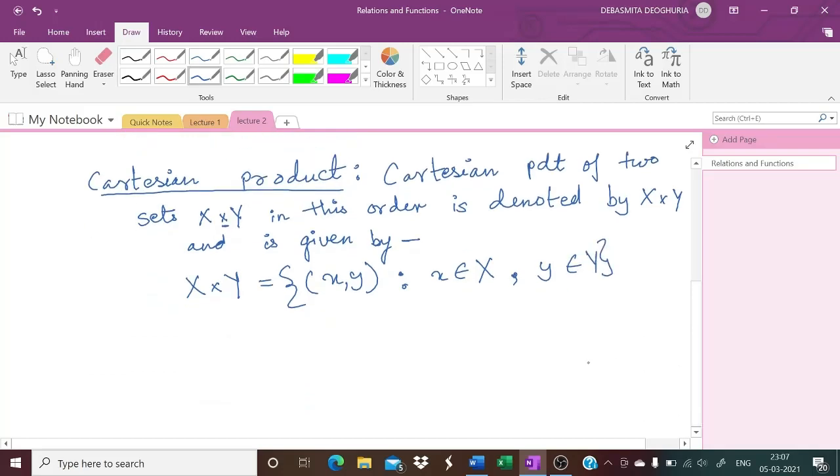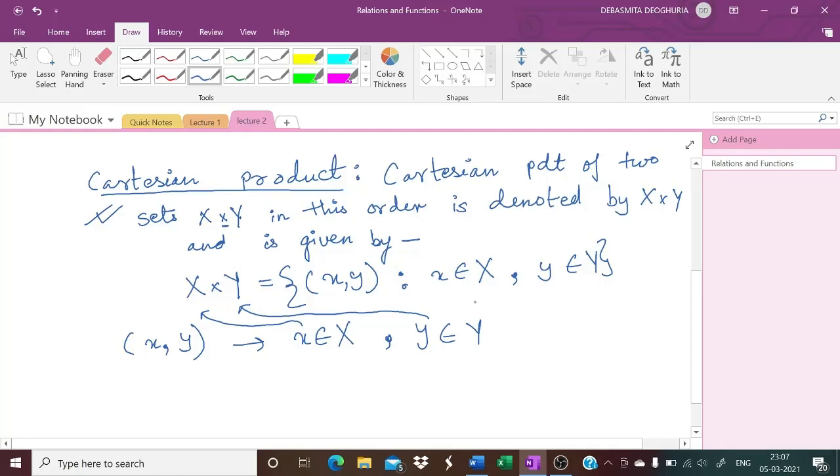This actually means that this Cartesian product is also a set. Okay, so this set will contain ordered pairs of the form (x, y) such that x belongs to X, will come from this set, and y belongs to Y, will come from this set. Okay, so this Cartesian product set will contain the ordered pair x and y.